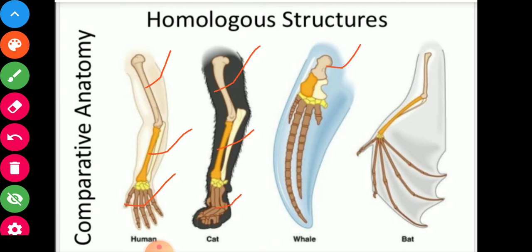Here also showing common formation. Here also showing common structure and formation. So they are showing the common ancestry and shows the evolution has taken place, and that's why they are having some common structures having different functions.